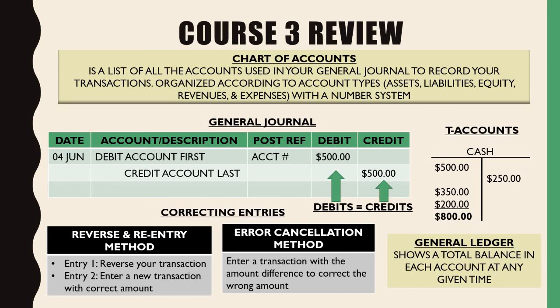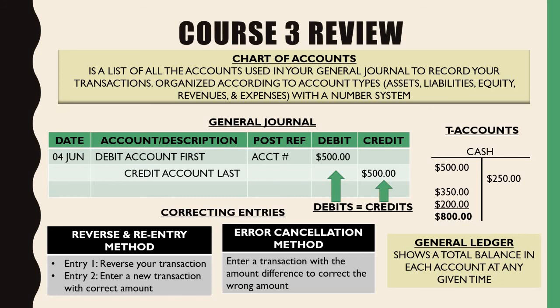Okay? And then on top of that, we also learned about the correcting entries for journals when you make errors in your journals. Okay? We have two ways. The reverse and re-entry, which once again, is two journals. One to reverse the entry. The second one is to re-enter it for the correct amount.